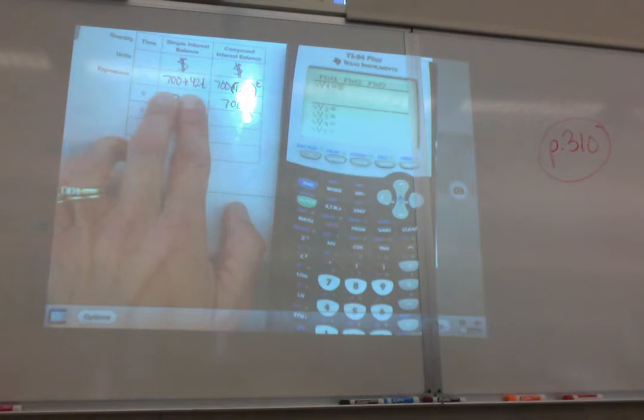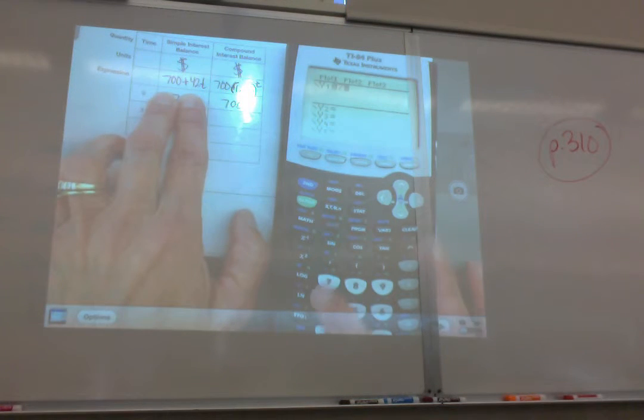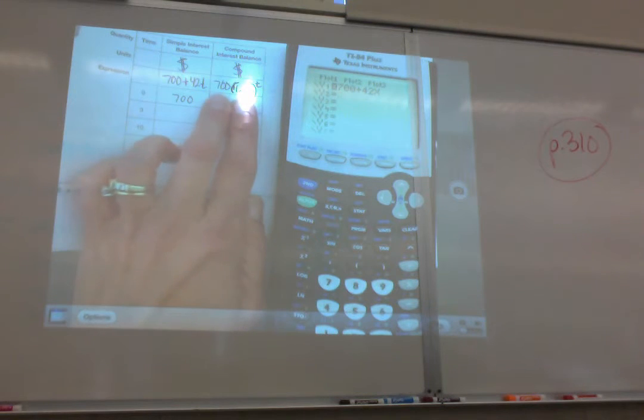The first expression is going to be the simple interest formula. 700 plus 42t. The second expression I'm going to put in is a compound interest formula. 700 times, and I use parentheses, 1.06 parentheses. I need to use my caret button to get it to go up into an exponent, and that's where the variable goes.